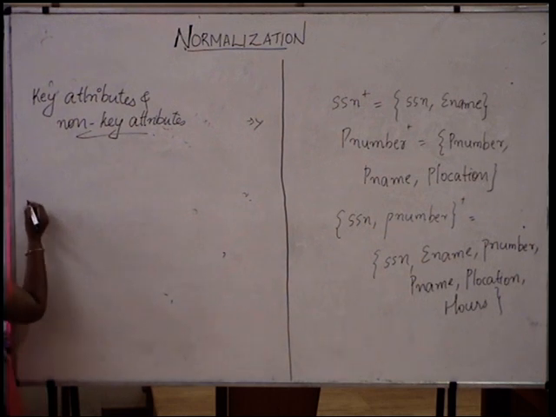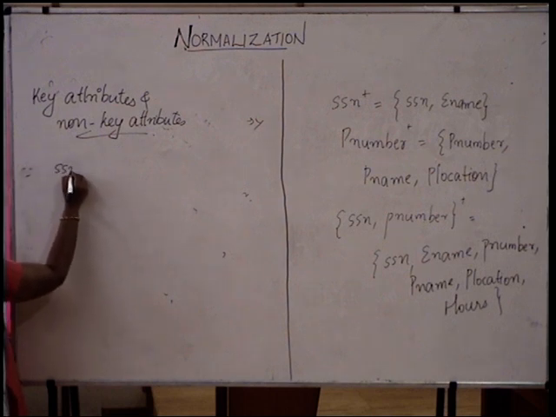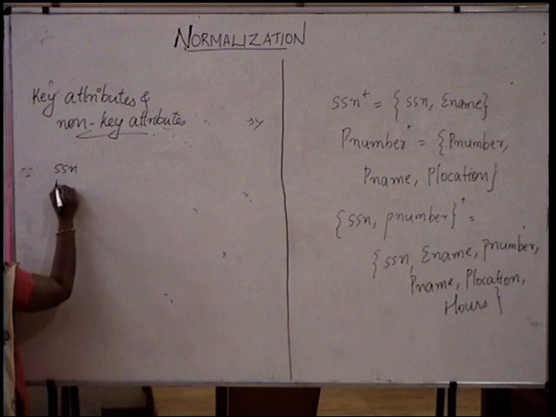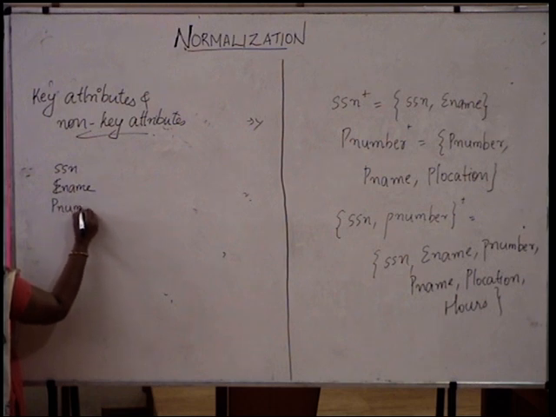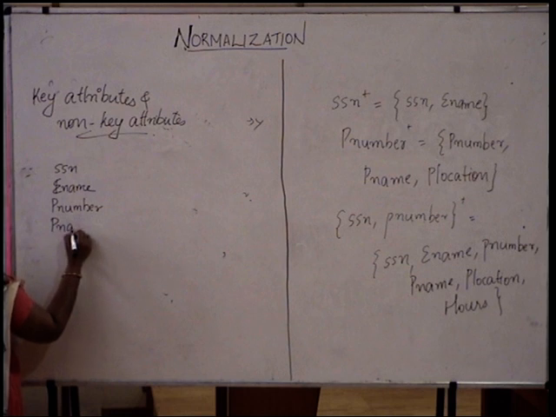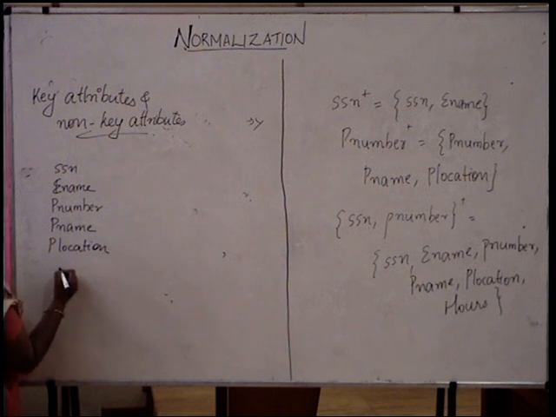So in the table employee, the attributes are SSN, E name, P number, P name, P location, hours.